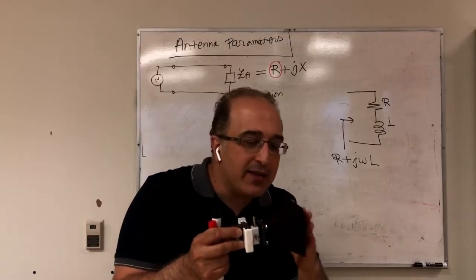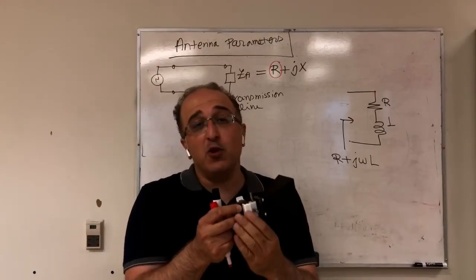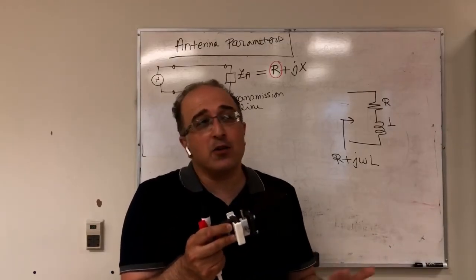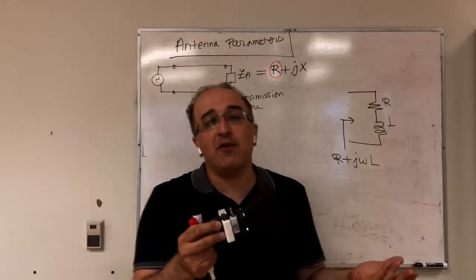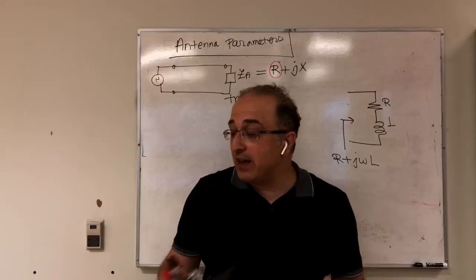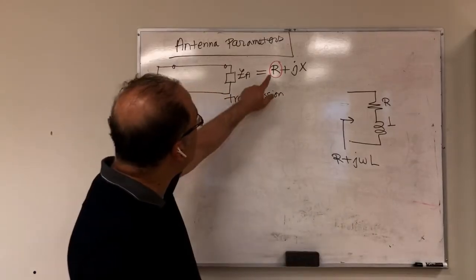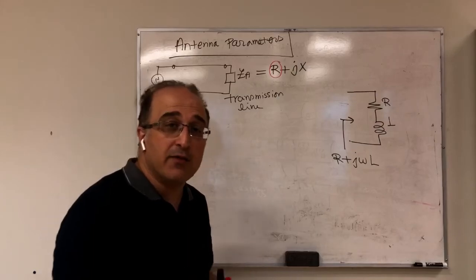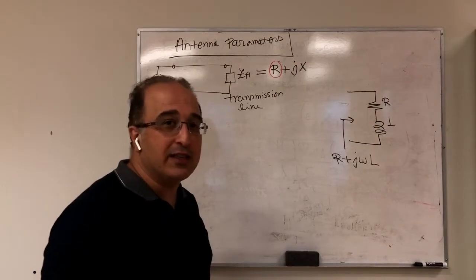It has been transferred into radiation. But the circuit doesn't know that. The circuit says, okay, for example, I gave this device 1 watt and I don't have that 1 watt anymore. So the real part is the loss of energy from the circuit viewpoint, but in this case it's not a waste of energy.